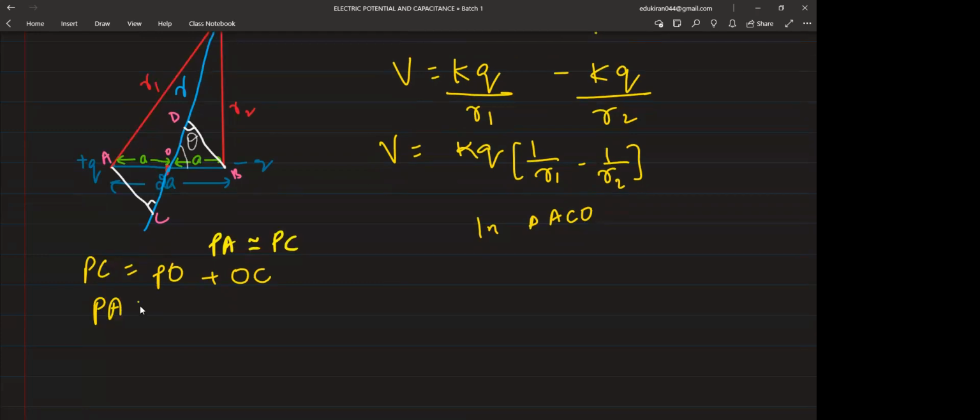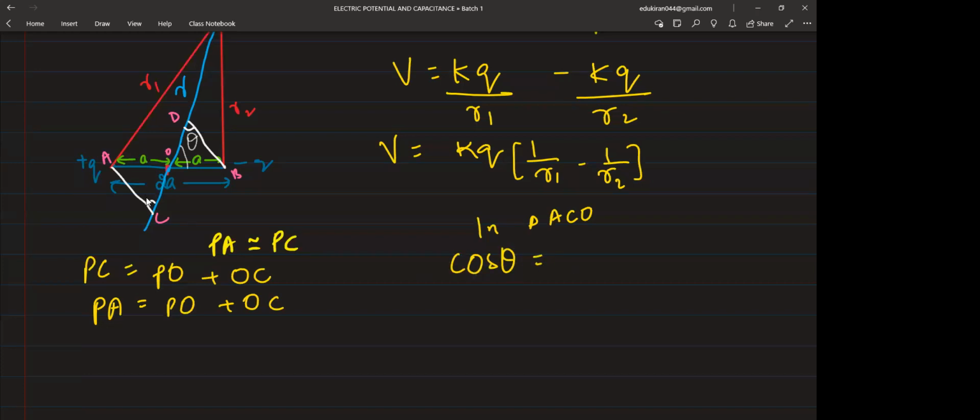PA and PC are similar, so PA is also equal to PO plus OC. The reason? They are exactly equal. What is PA? PA is this R1. What is PO? PO is this R. What is OC? Now, in triangle AOC, what is cos theta?